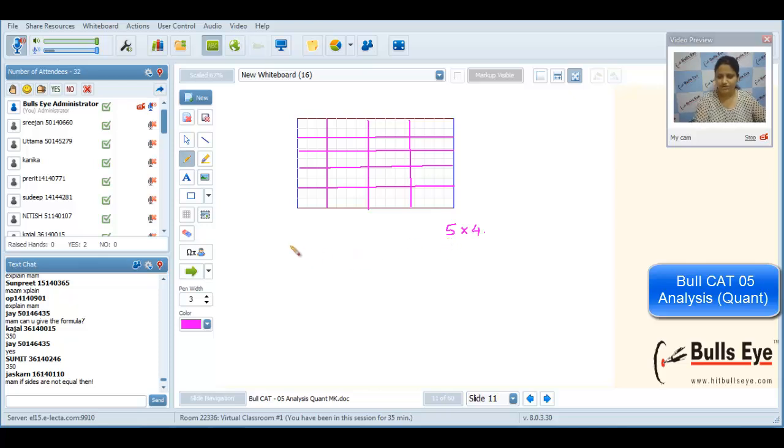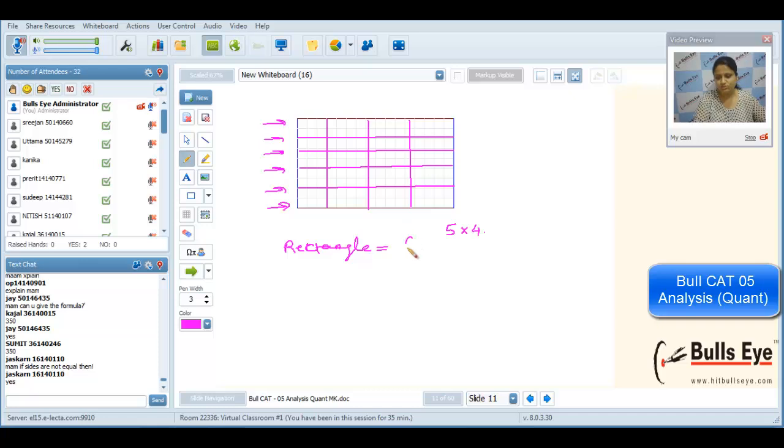See, if we want to find the rectangles, that is simple to calculate. If we want to calculate rectangles in any rectangular chessboard, Just Karan, to make a rectangle we need two vertical lines and two horizontal lines. How many horizontal lines are there? These are 6.